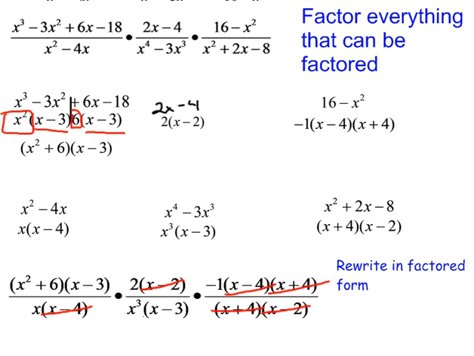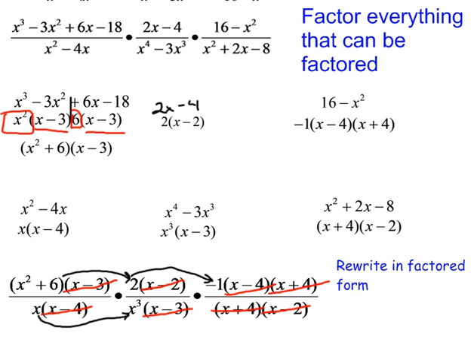I could cancel out this x minus 3 with this x minus 3. Is there anything else I can cancel out? Nope, that's it. So I'm basically left with x squared plus 6 times 2 times negative 1 on the numerator. And I'm left with x here times x to the 3rd.